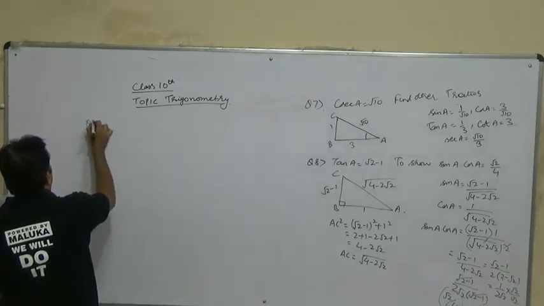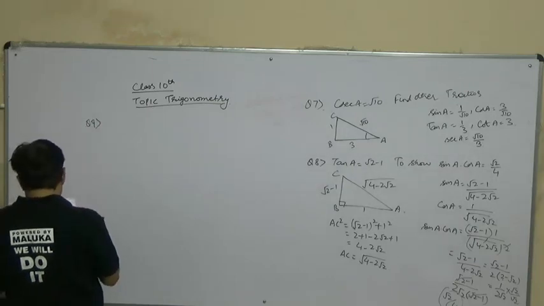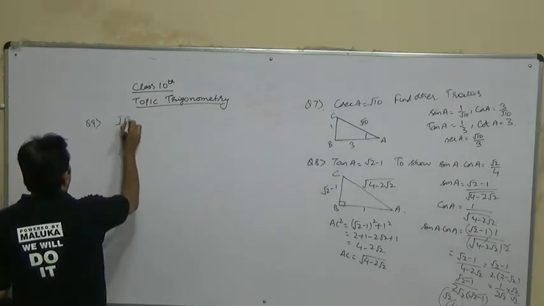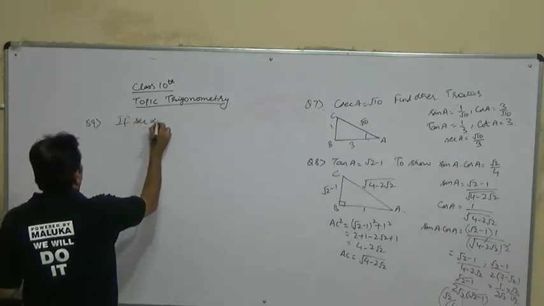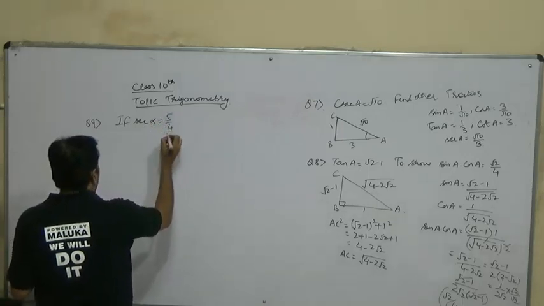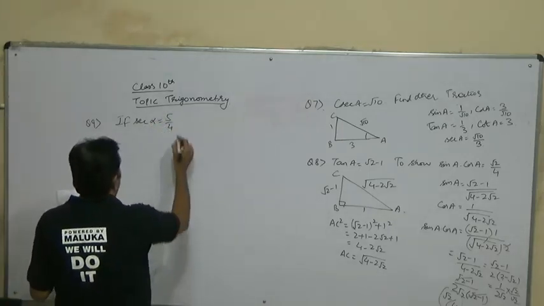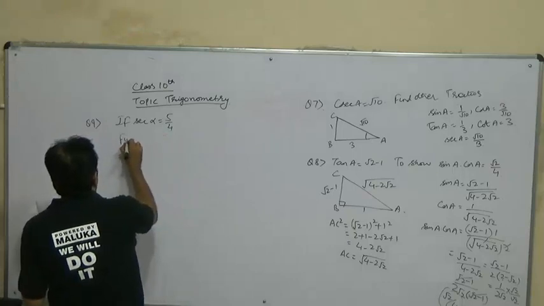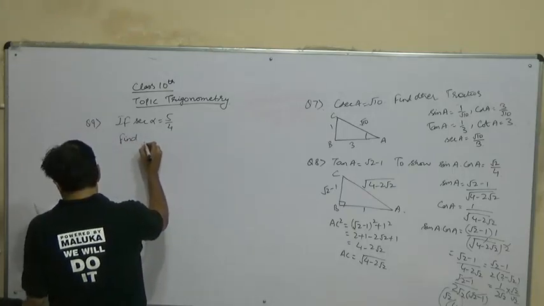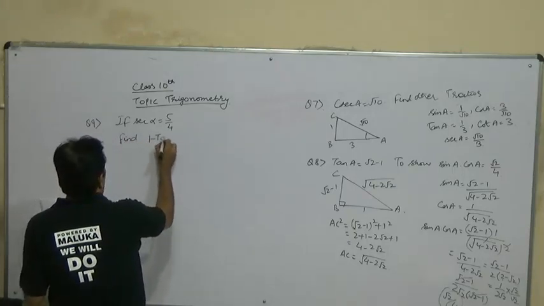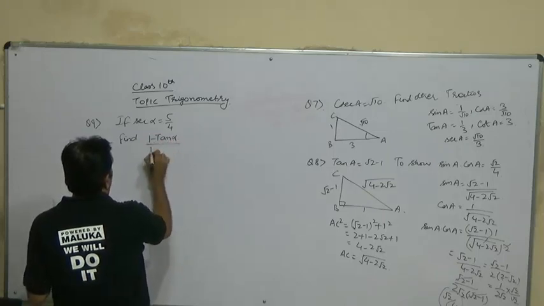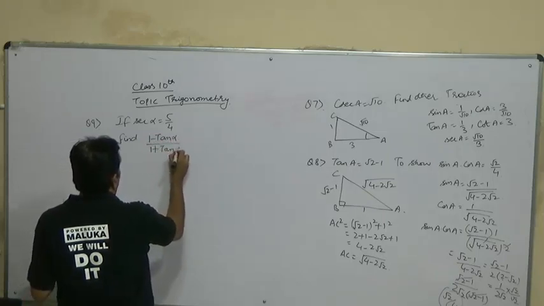Then next is question 9. We are given here if sec alpha is equal to 5 upon 4, we have to evaluate or find (1 − tan alpha) upon (1 + tan alpha).